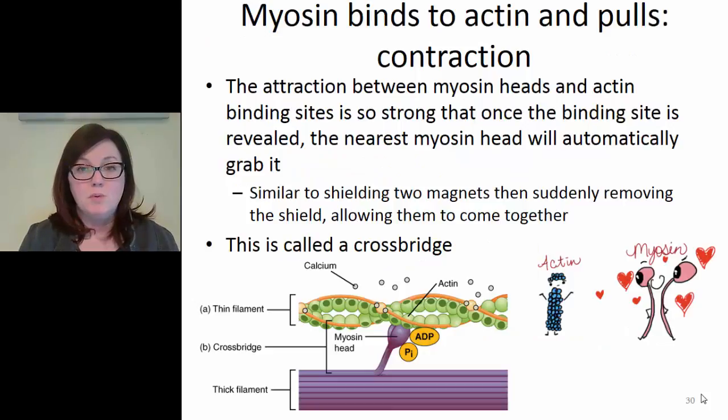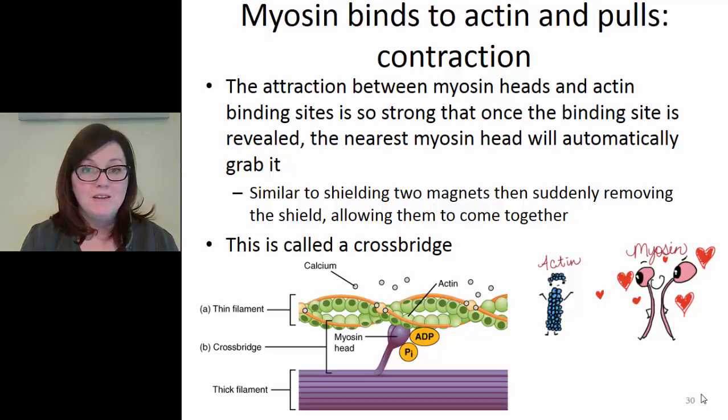So now let's take a look at the process of where myosin actually can bind onto actin and pull. This is the actual contraction event here. Okay? So there's a very strong attraction between actin and myosin. Those binding sites on actin have a very strong attraction to the myosin heads.